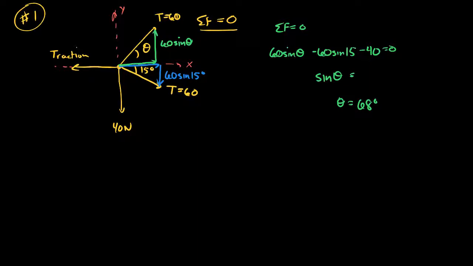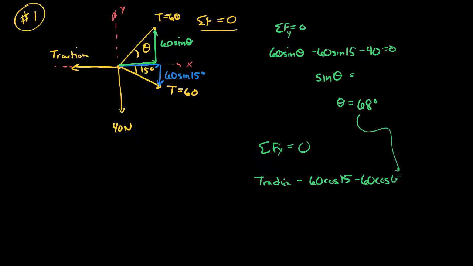So that was the y direction. If I take a look at the net force in the x direction, let's see, that's still got to be 0, so traction minus, I'm thinking 60 cosine 15 minus 60 cosine 68 degrees equals 0.